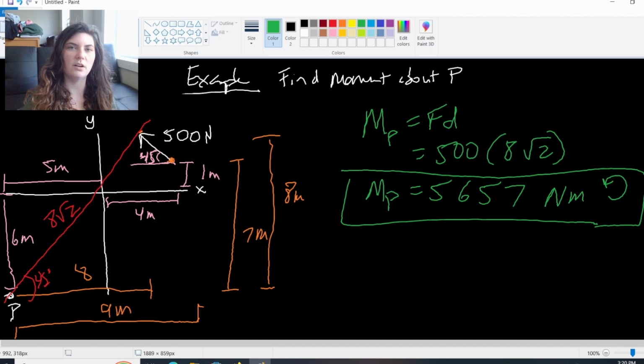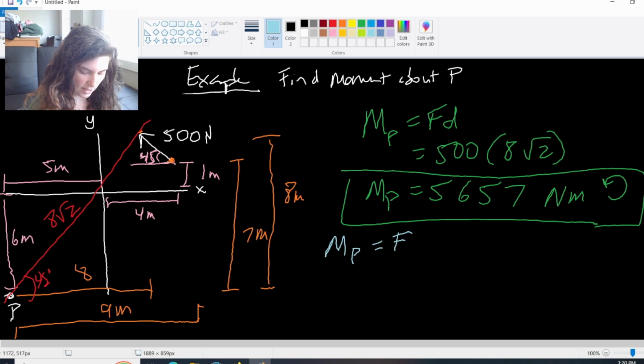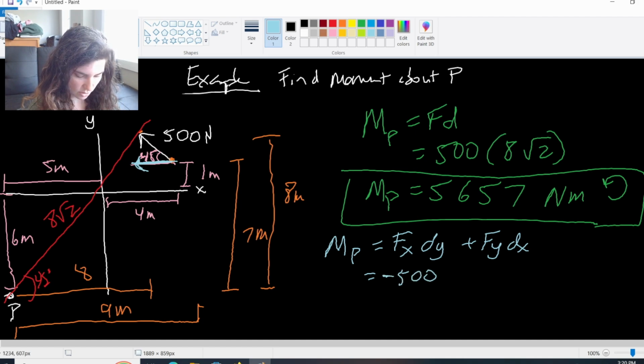But I had to go through the work of finding that distance d, when instead I could just use the components. So if I were to do this in component form, that is the force in the x direction times the y distance plus the force in the y direction times the x distance. The force in the x direction is in the negative x direction, negative 500 cosine 45.